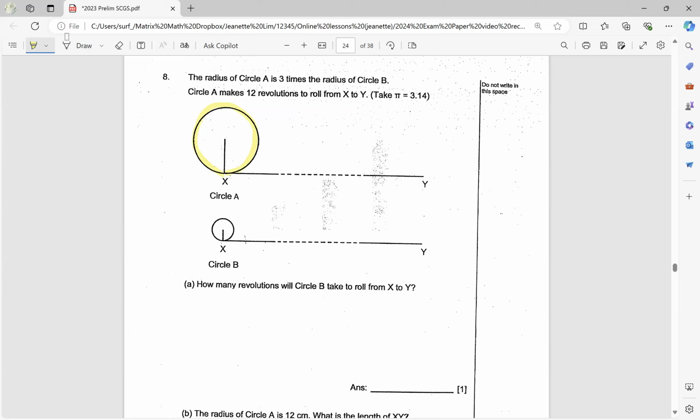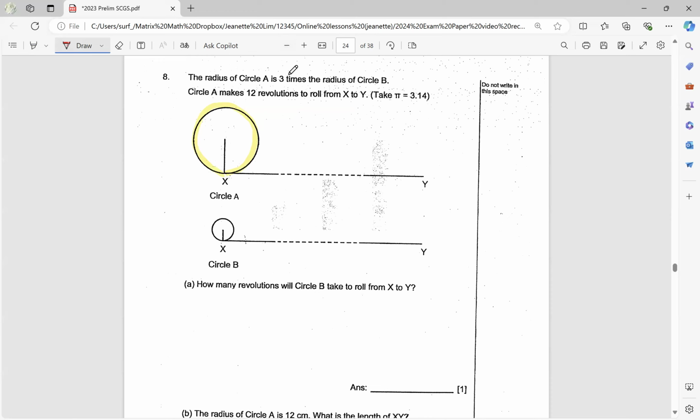So it will roll that equivalent distance from X to Y. For B, the circumference is actually a lot smaller. So how many times will circle B roll to cover the same distance as circle A?